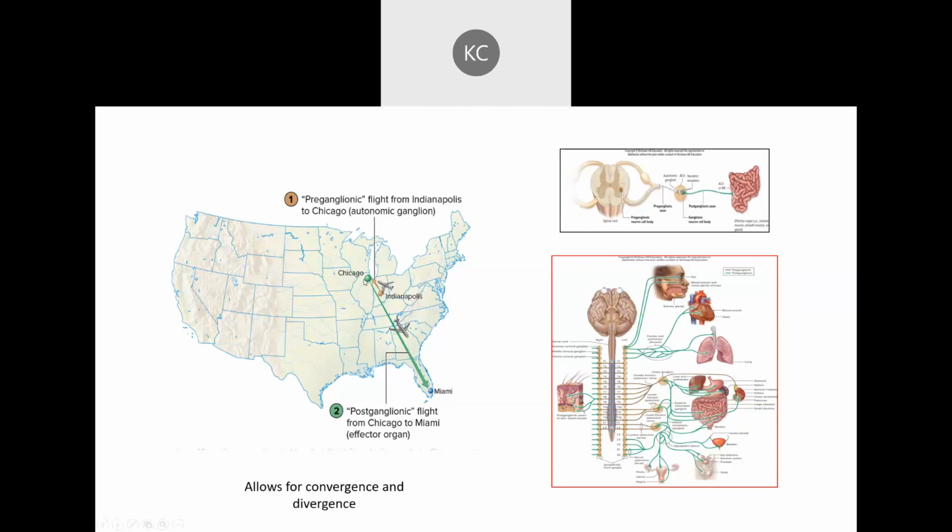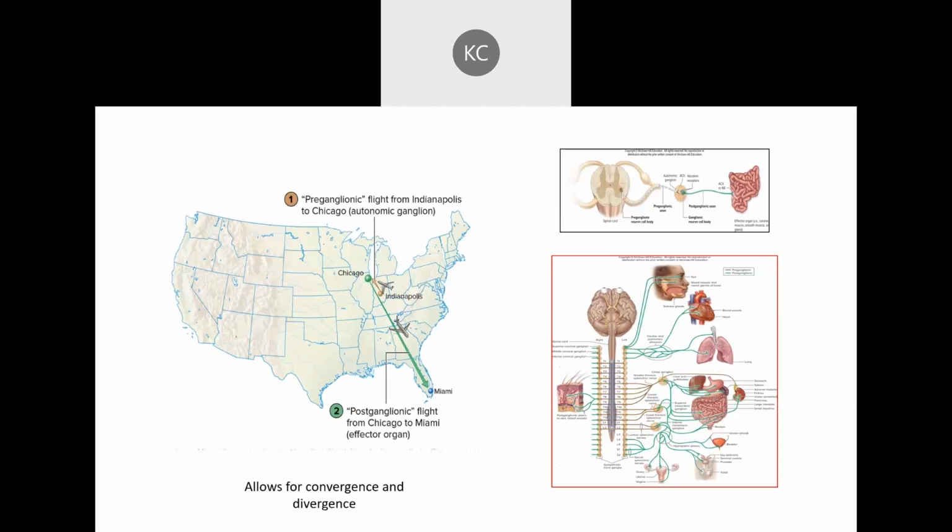Chicago here is serving as the ganglion. So you synapse here. This is your layover, if you will. And then you fly from Chicago to Miami. This would be the postganglionic neuron. This would be the preganglionic neuron. And then Chicago itself would be the layover, the ganglia.